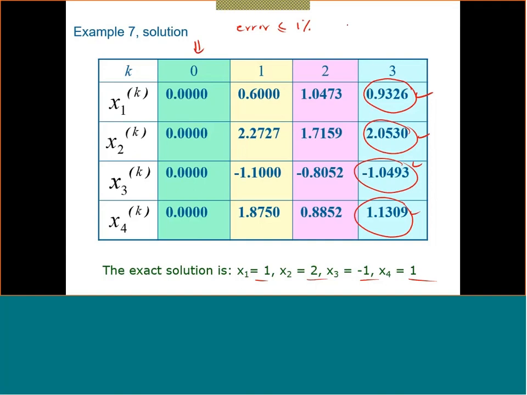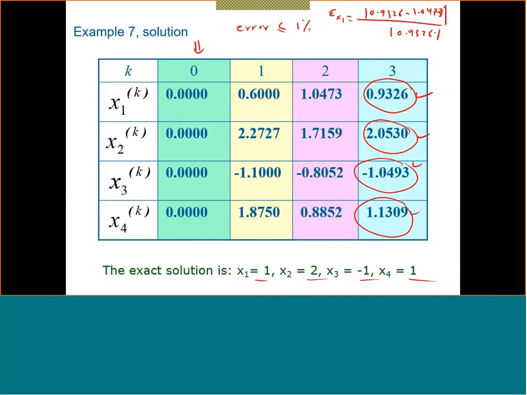So you find the error of x1, which is equal to 0.9326 minus 1.047373 divided by 0.9326. Okay. Let me just calculate. This is just for the sake of the calculations.